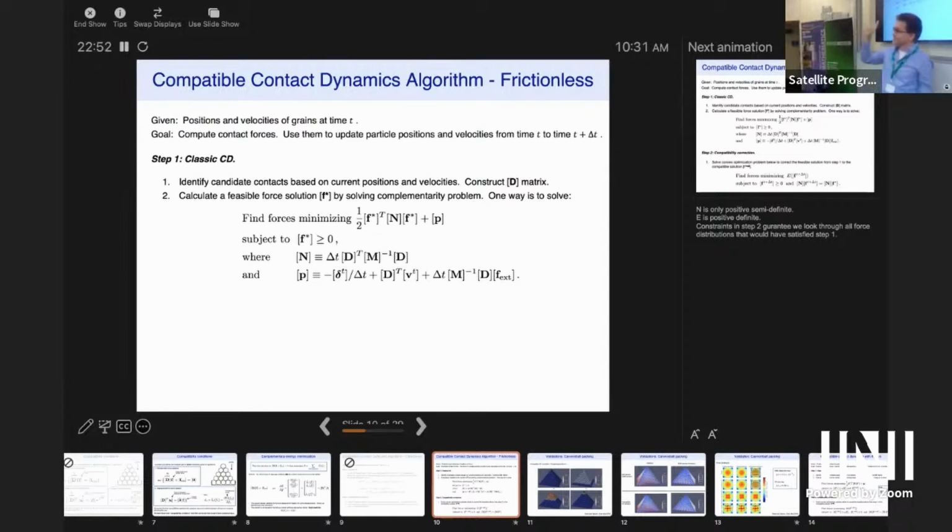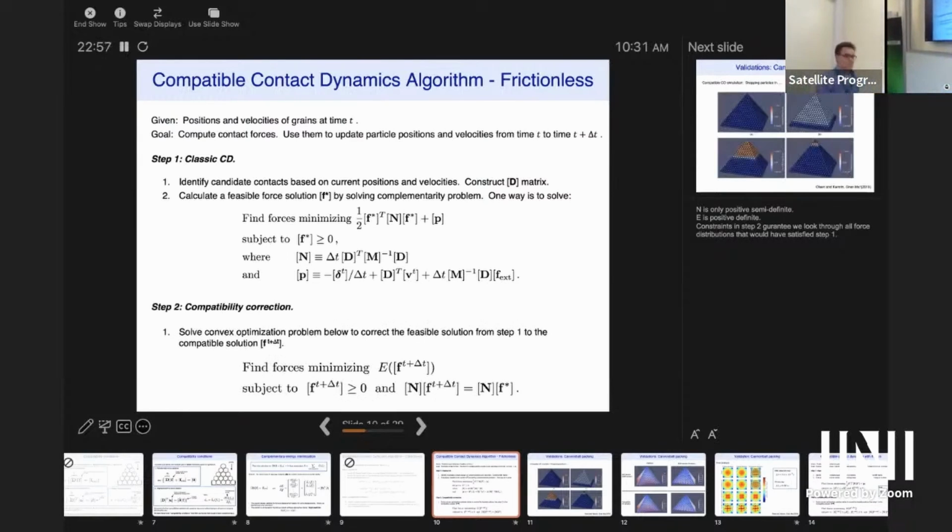So how do we make it unique? I take that solution and then we apply the compatible correction step. Take the solution F star, and solve another optimization problem. If I had to use an optimizer anyway, just run it once more. So my algorithm takes exactly 2 times as long as regular classical contact dynamics.